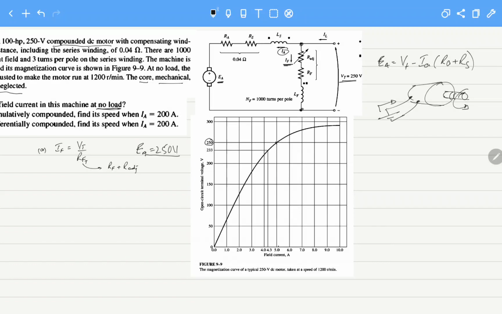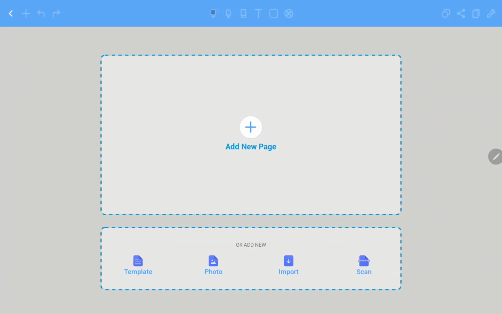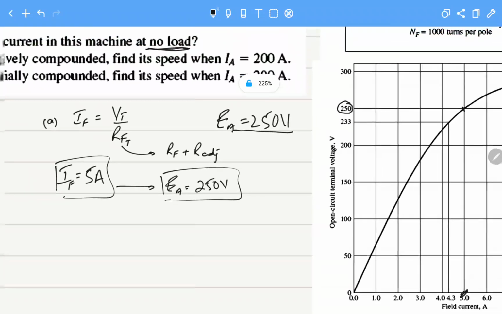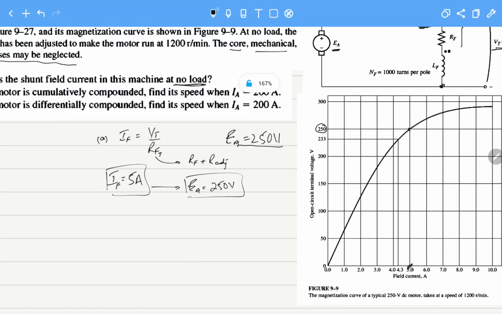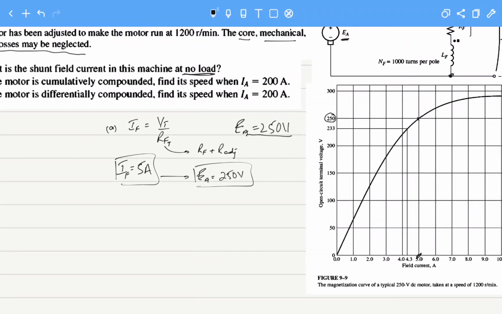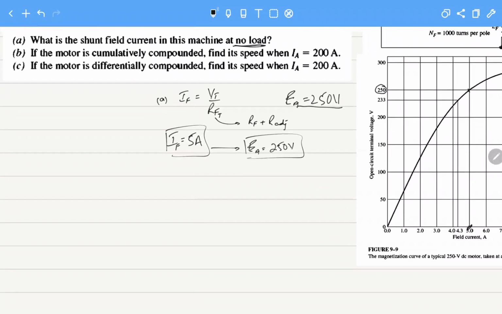What is the field current here? It's 5 amperes. When If equals 5 amperes, the internally generated voltage is 250 volts, and we can see this from the graph. If they had given us the total field resistance it would have been 5 amperes, but we had the graph, so we calculated from the graph that at no load this will be the internally generated voltage.